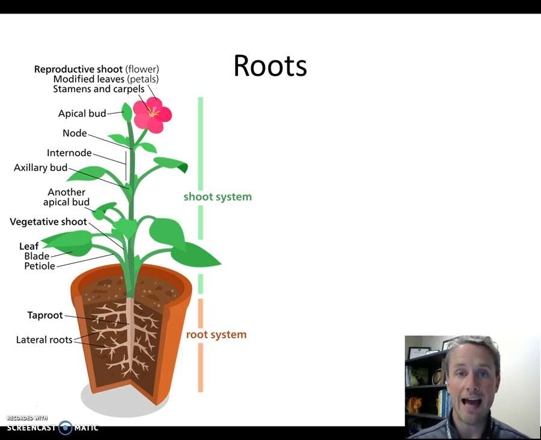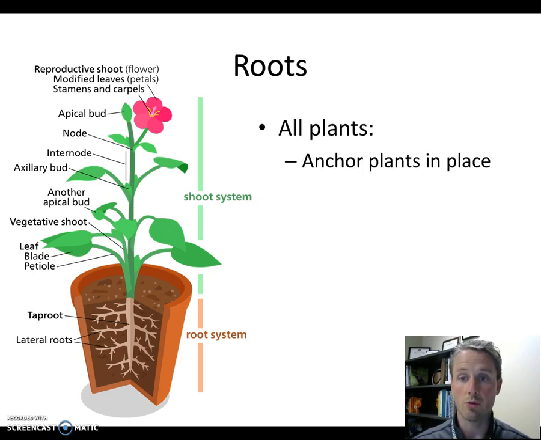We'll think about the first adaptation that plants require to be successful living on a terrestrial environment outside of the water. And the first adaptation we'll consider are the roots. The roots are an easy structure to understand, right? They're the part of the plant here below the soil line. For all of the plants, we're going to assign one important function of the roots.